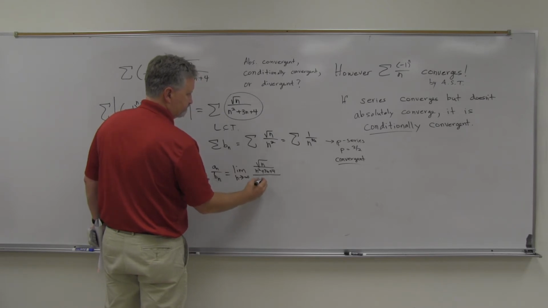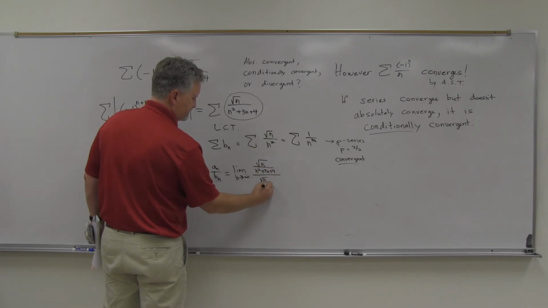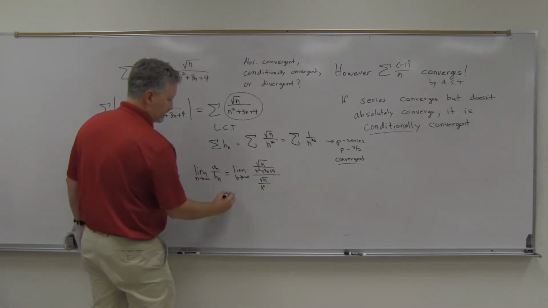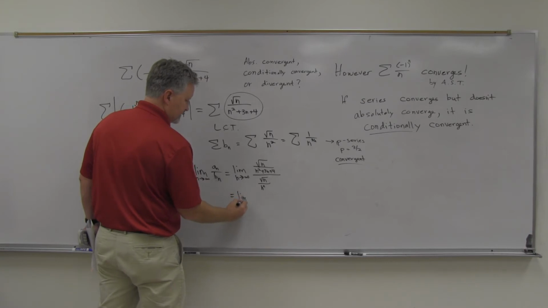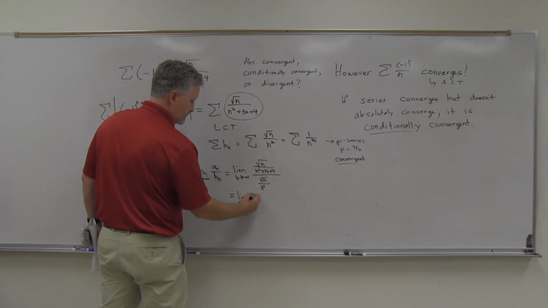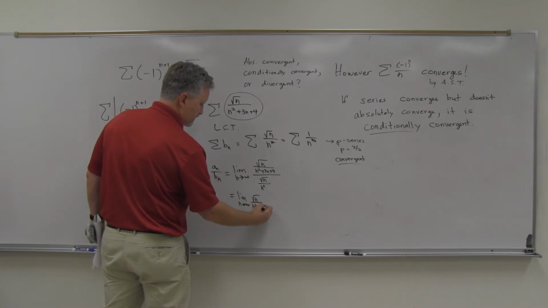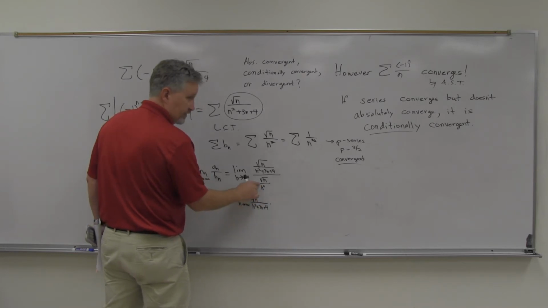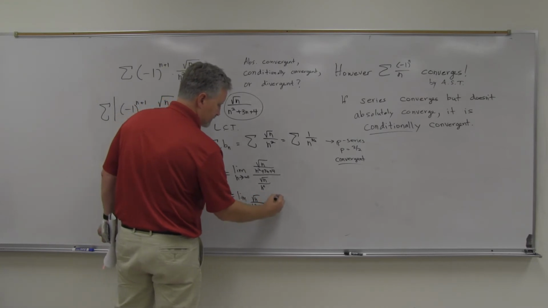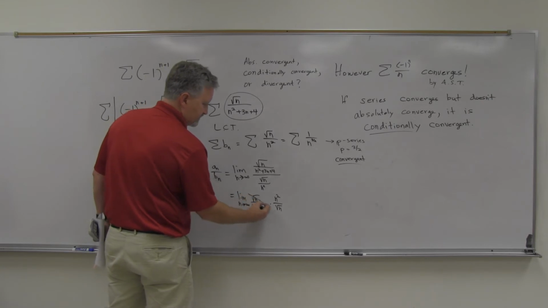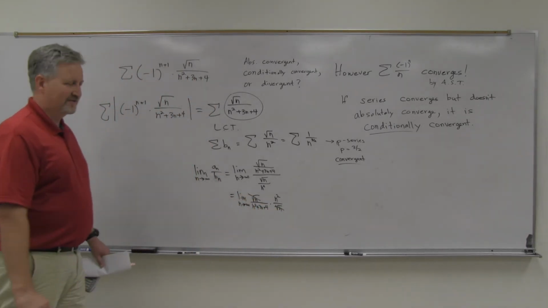I'm going to go with that. I think that'll work to my advantage. You get it to work out either way. Well, of course, that means limit as n goes to infinity, square root of n over n squared plus 3n plus 4 times the reciprocal of that, n squared, and that's why I left it in that form, because if I do the reciprocal of that with that, the square root of n's are going to cancel.